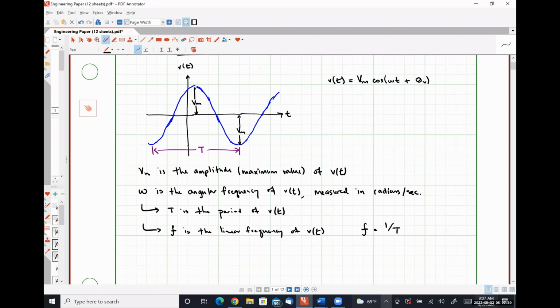So if T represents how long it takes for one cycle to occur, F tells you how many cycles per second occur, because there's that inverse relationship between the two of them.